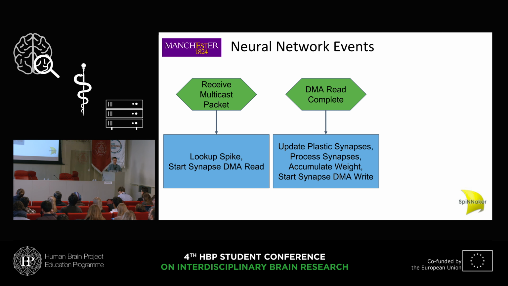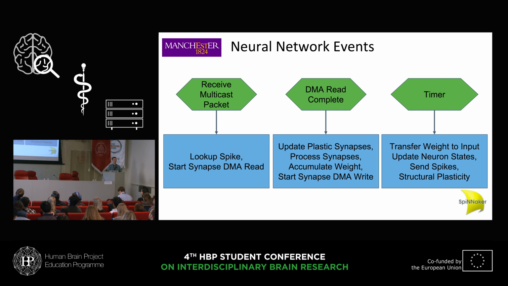I'll come into the detail of how we do that in a minute, which can then be used for the neural state update. And then we also have a timer going off. The timer is periodic, and it tells us to update the neuron every time. So every time the timer goes off, we say, okay, the neuron state is evolving, so we're moving one step to the next in the neuron.